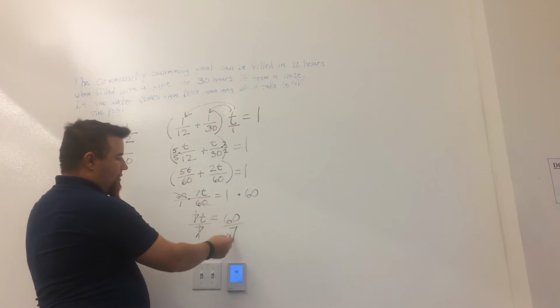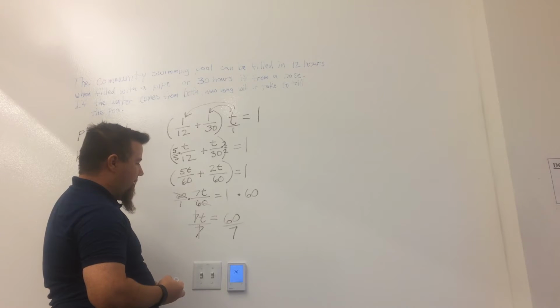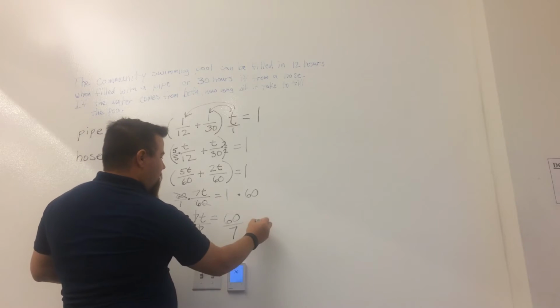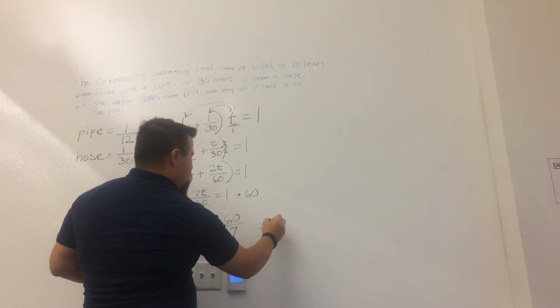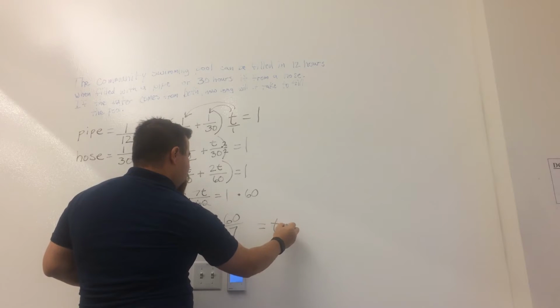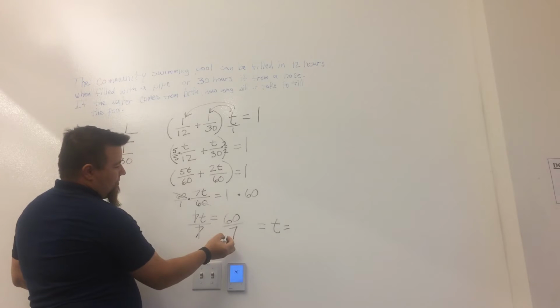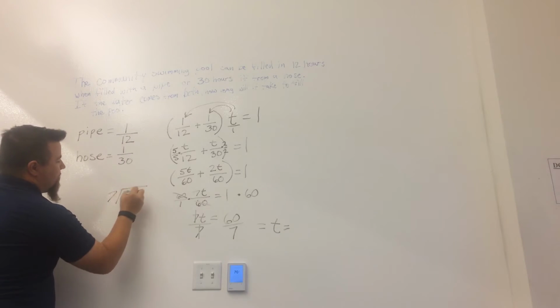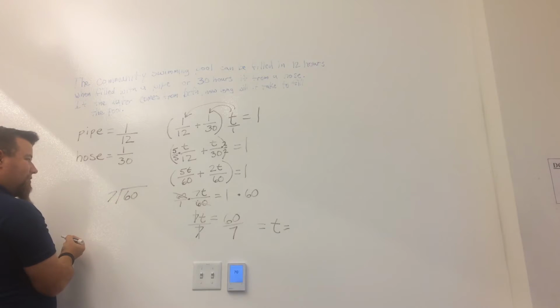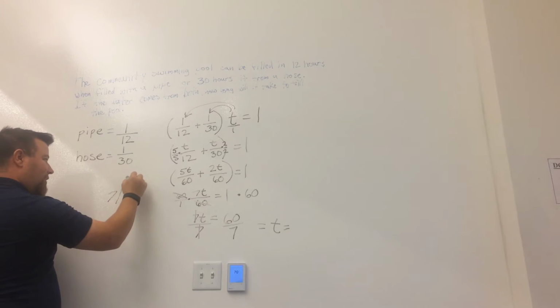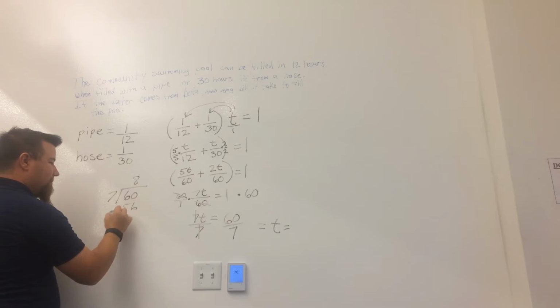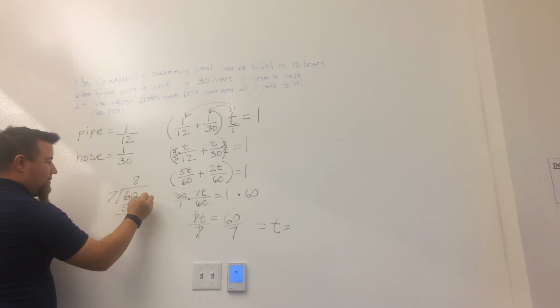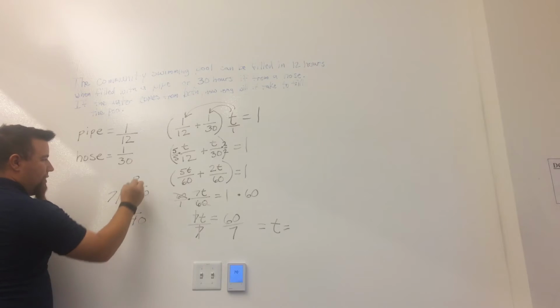So 60 divided by 7, and then that equals t. Let's do that over here. 60 divided by 7 is 8, because 8 times 7 is 56, and 4 left over, and so we'll put a decimal place there with a 0, bring the 0 down, and that's 40.